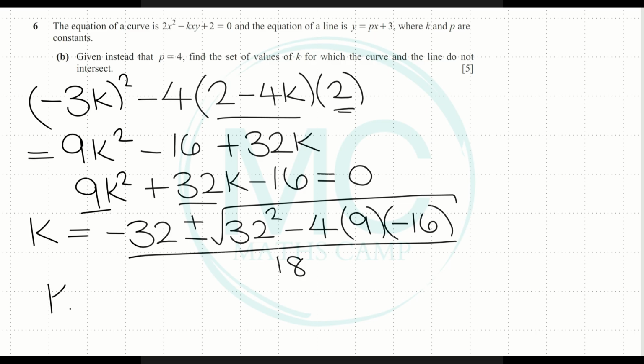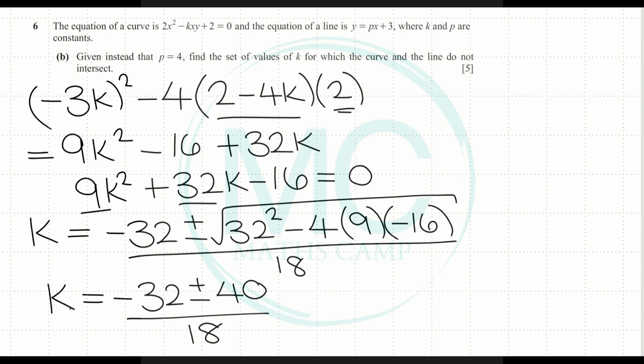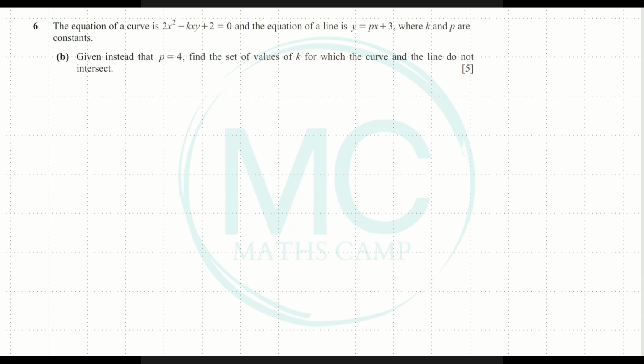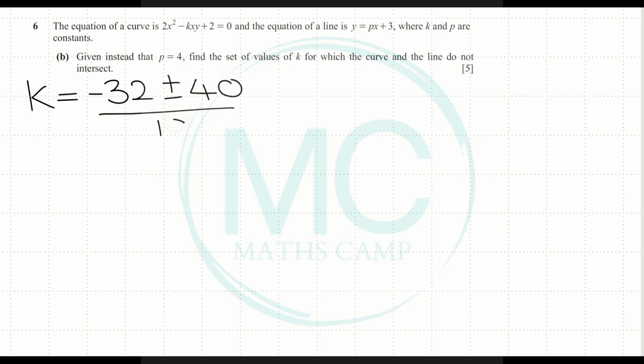So k is equal to negative 32 plus or minus 40 all over 18. Let's clean this up a little bit. I'm going to rewrite my equation. K is equal to negative 32 plus or minus 40 over 18.